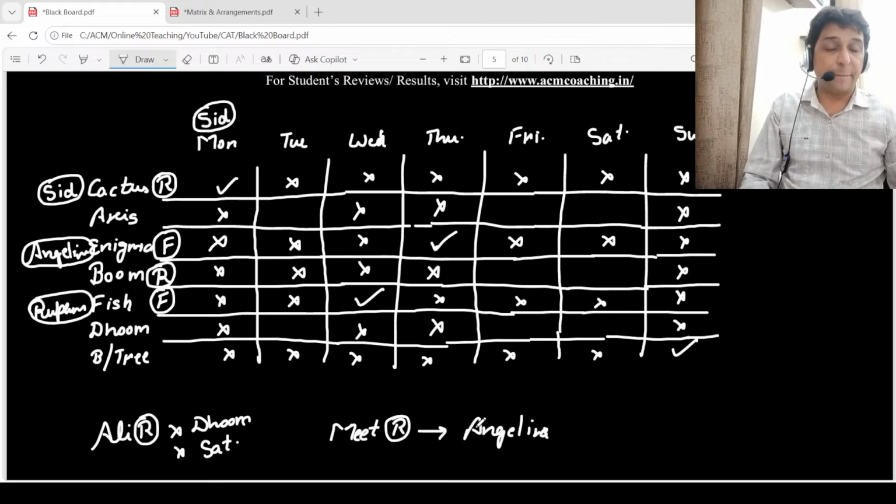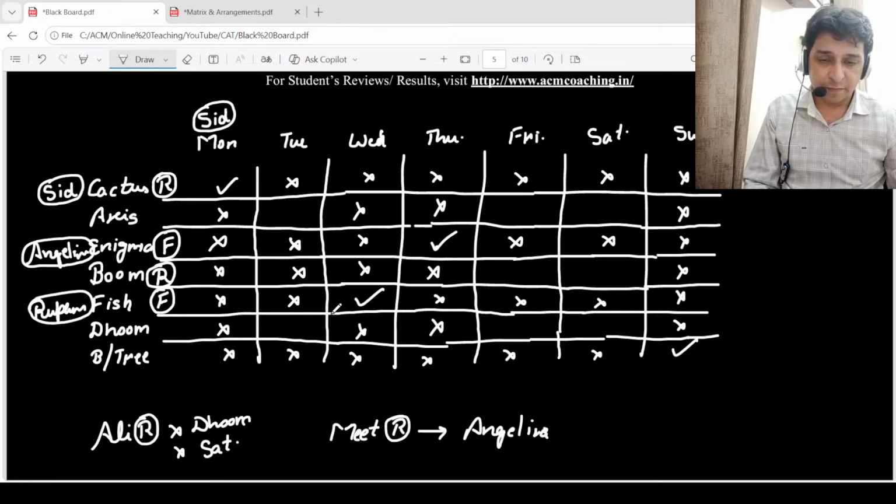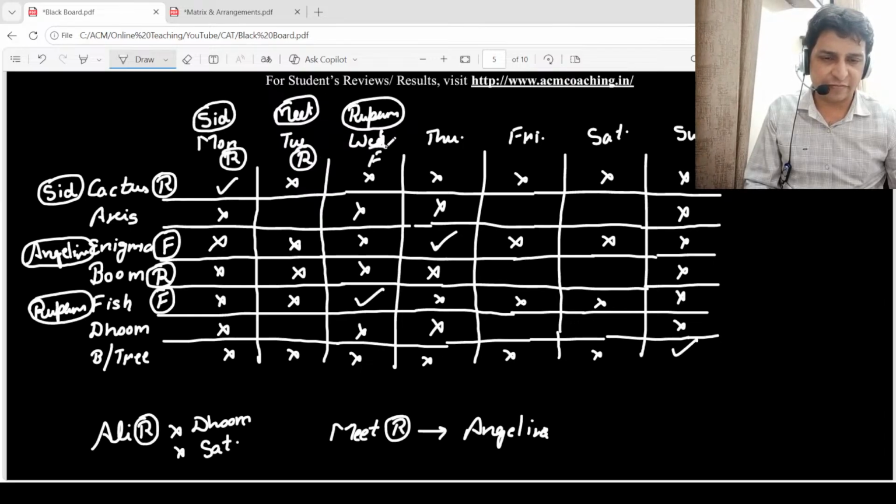Now, before Angelina, Meet has to perform. Wednesday is being performed by Rupam, because he's from Fish. So Tuesday we should have Meet. That means Tuesday we have a rock band, Monday a rock band, Wednesday a fusion band, Thursday a fusion band.